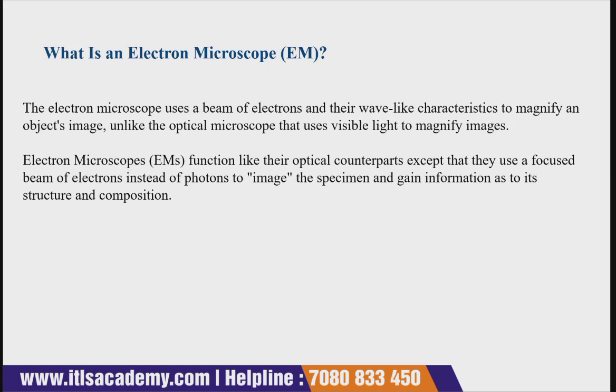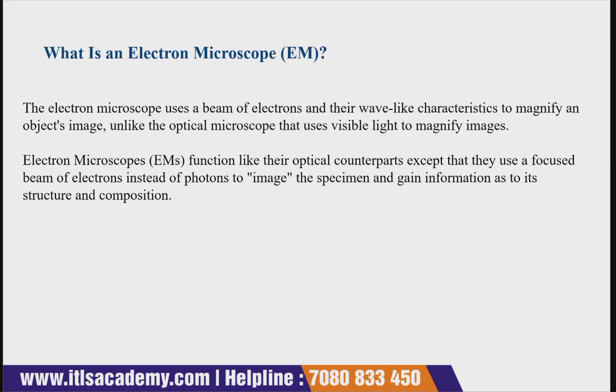The electron microscope uses a beam of electrons and their wave-like characteristic to magnify an object's image, unlike the optical microscope that uses visible light to magnify the images. Electron microscopes function like their optical counterpart, except that they use a focused beam of electrons instead of photons to image the specimen and gain information as to its structural composition.